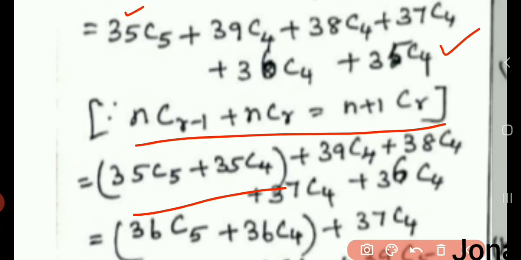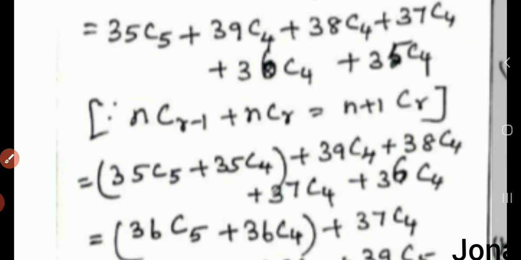Here r is 5 and r minus 1 is 4. n plus 1 is 36, isn't it? So I have 36C5. Along with this, I want to group 36C4. So 36C5 plus 36C4. Keep the remaining things as they are.